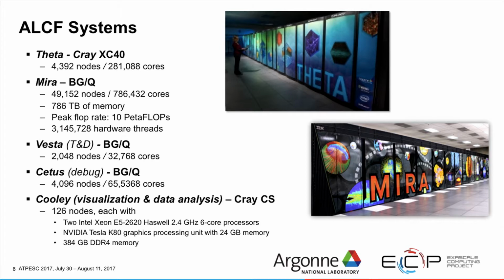Within ALCF, I mentioned these machines already, but here is a little more detail. Theta is the Cray XC40 with the Knights Landing processors. Mira is the large production BGQ. The additional BGQ systems, which are smaller, are Vesta and Cetus.